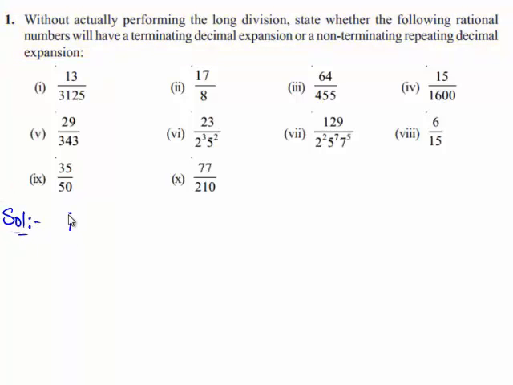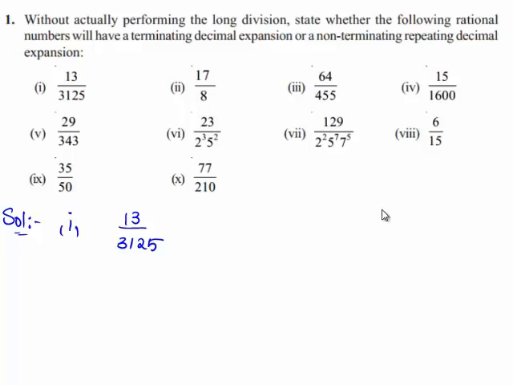We consider the first rational number given, that is 13 upon 3125. To state whether the given rational number has a terminating decimal expansion or a non-terminating repeating decimal expansion, first we shall write the denominator as a product of its prime factors.